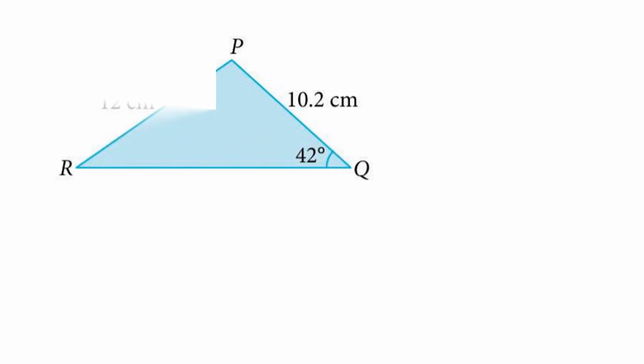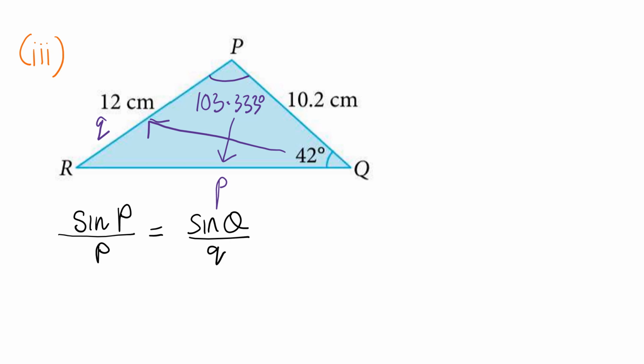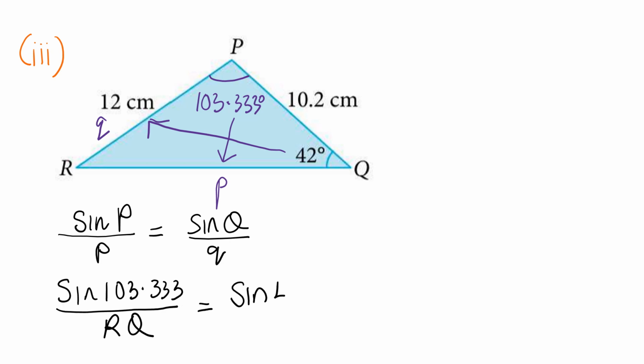Okay, so for part 3, we are asked to find the value of RQ. So let's fill in what we have found earlier on. We managed to find the angle P, which is 103.3333. Right, so the side opposite angle P will just be the lowercase p. And then we can use the angle 42. So in this case here, the formula will be sine P over P equals sine Q over Q. Okay, so you just fill in the necessary data.